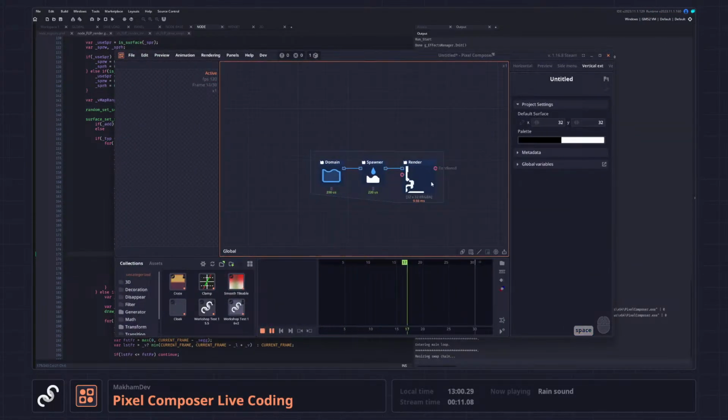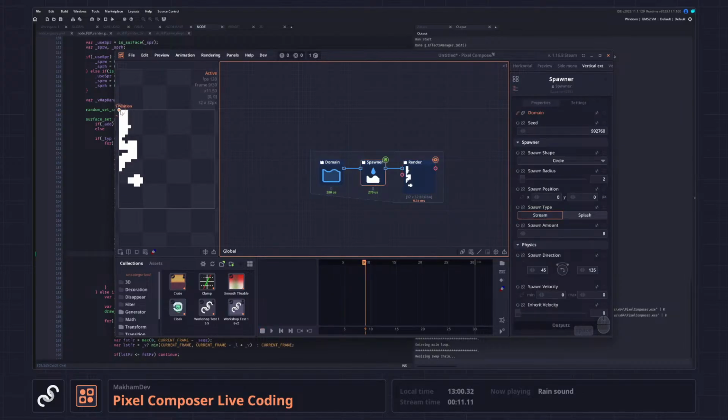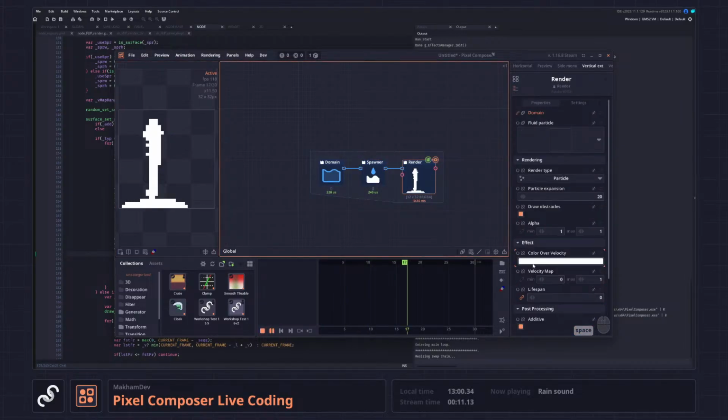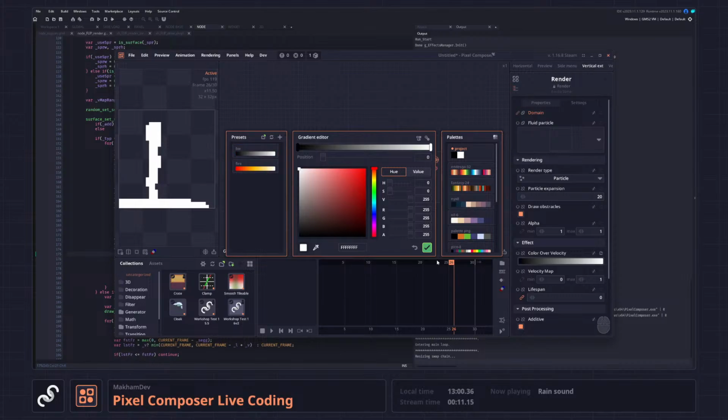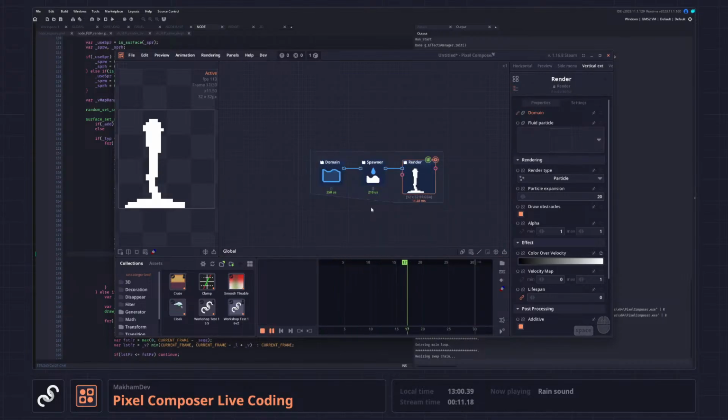Just create new fluid and it draws in normally. That's cool. Then we add the color velocity property, some gradient. And it's still white. That means it's too high, right?